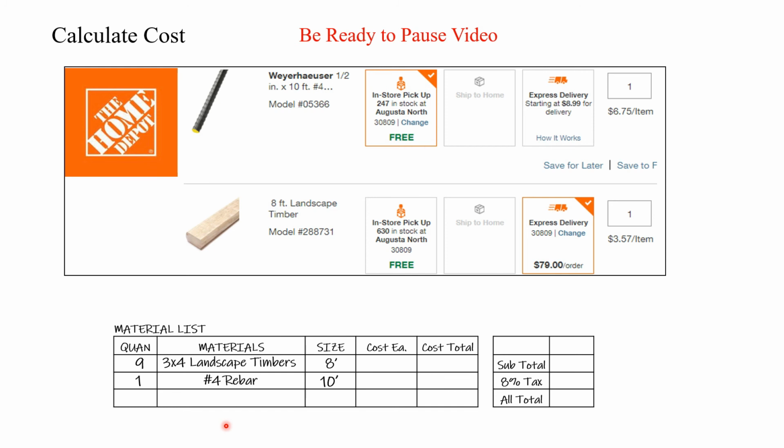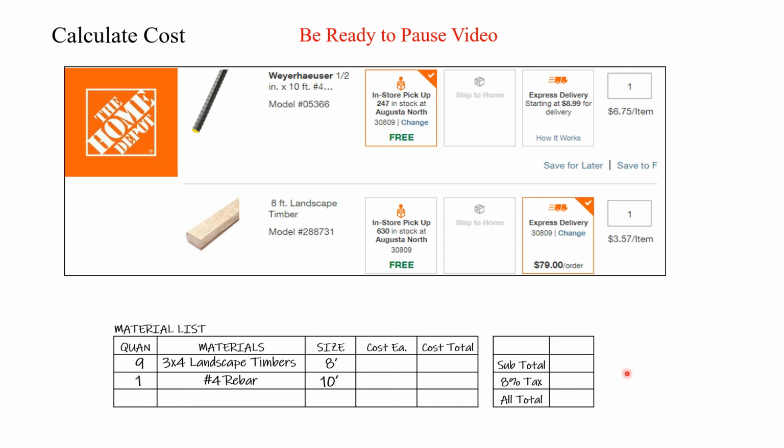One stick of rebar, $6.75. So you would take that information put here, multiply whatever the cost of each, multiply it by the quantity, and that gives you the total cost of that item. So fill that in, add that together, and that'll be your subtotal. Add those two items together, subtotal.